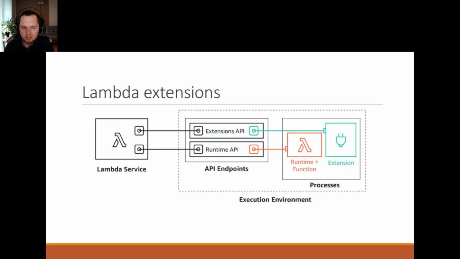So basically, you have your business logic running in Lambda, and then you can have another binary that will execute some other logic. And you might ask, wait, why would I need that?